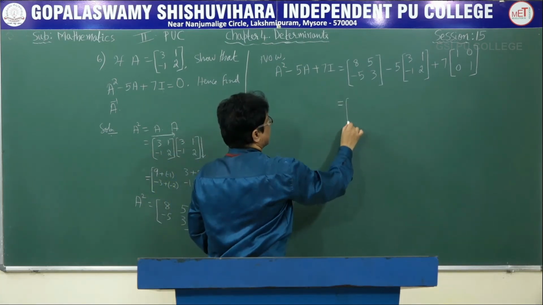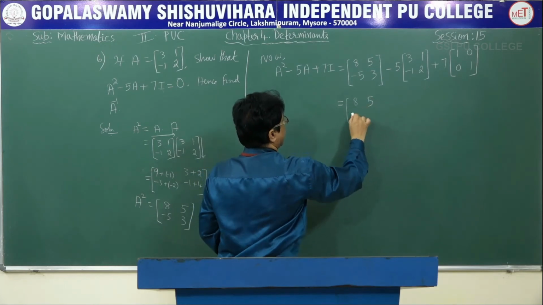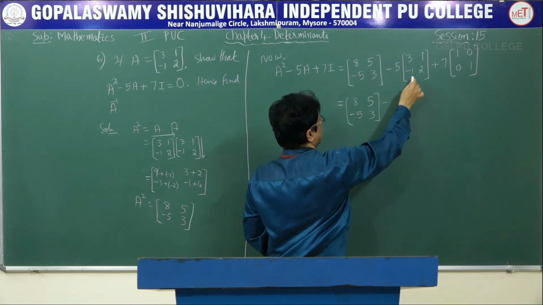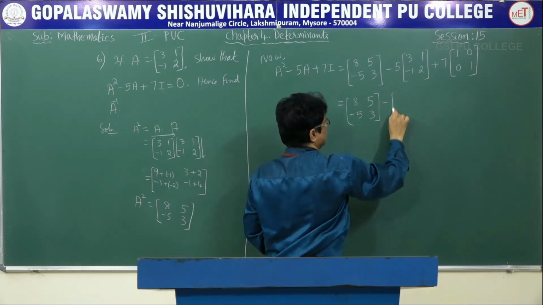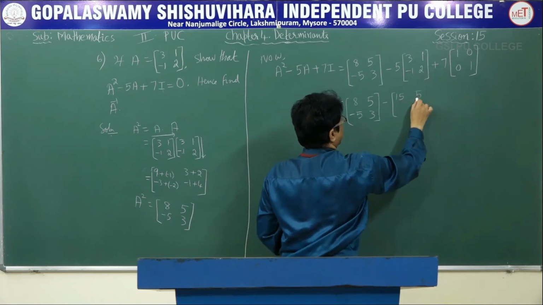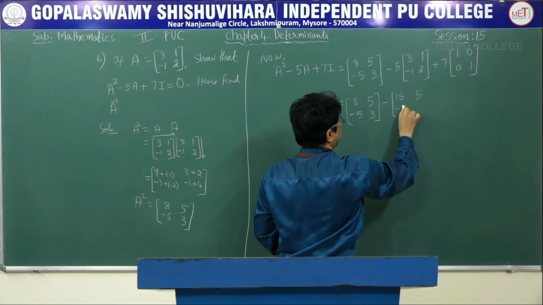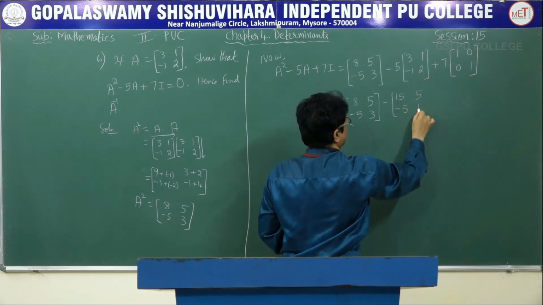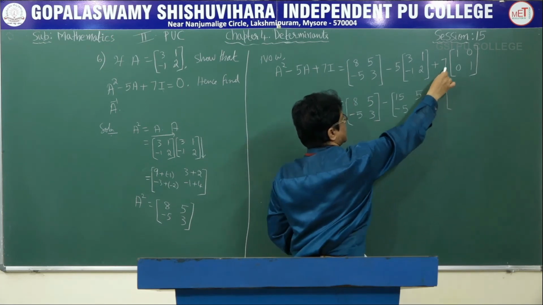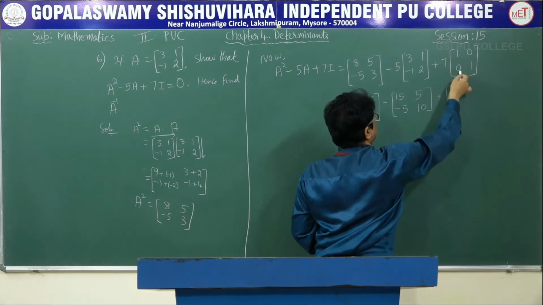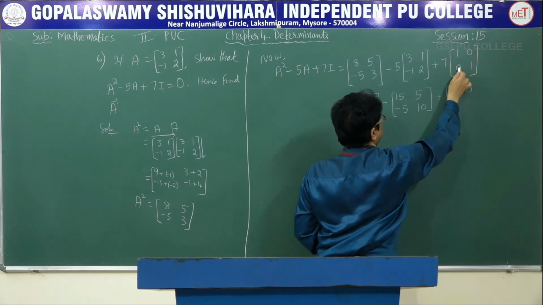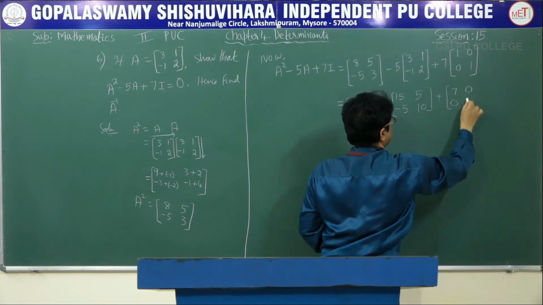So that will be equal to 8, 5, minus 5, 3 minus, we multiply this matrix by 5. 5 3s are 15, 5 1s are 5, 5 into minus 1, minus 5, 5 into 2, 10, plus, we multiply 7 to all the elements of this matrix. 7 1s are 7, 7 into 0, 0, 7 into 0, 0, 7 1s are 7.